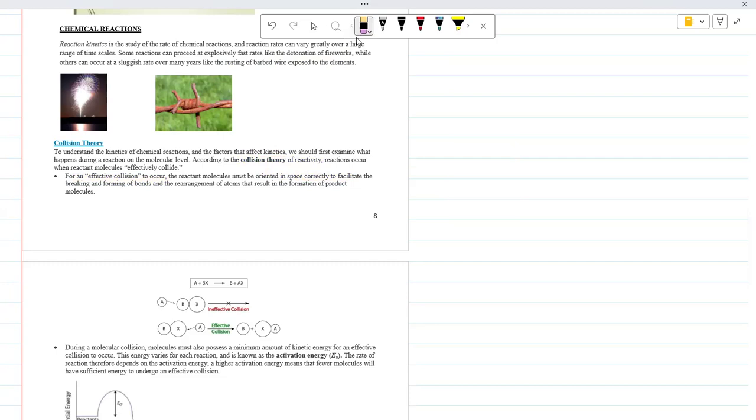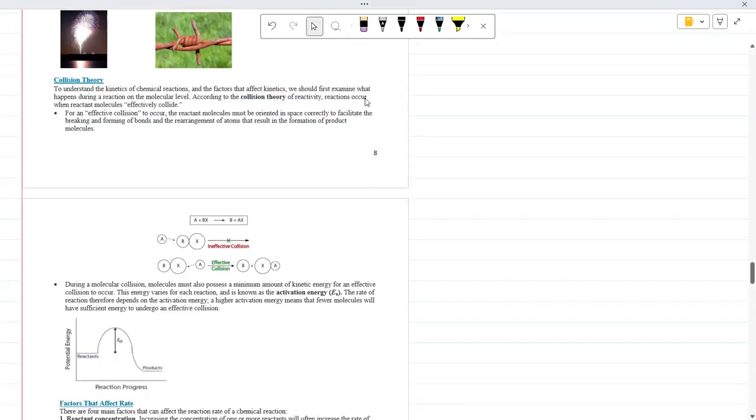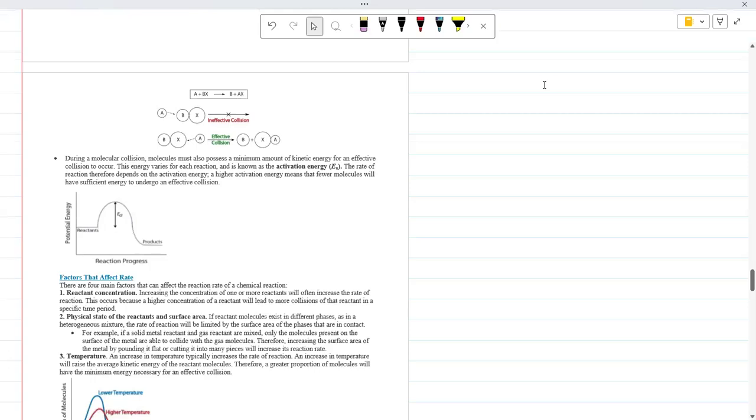So let's look at this example. Let's say that you have the reactant A, as you can see here, reacting with reactant BX to produce the product B and product AX.